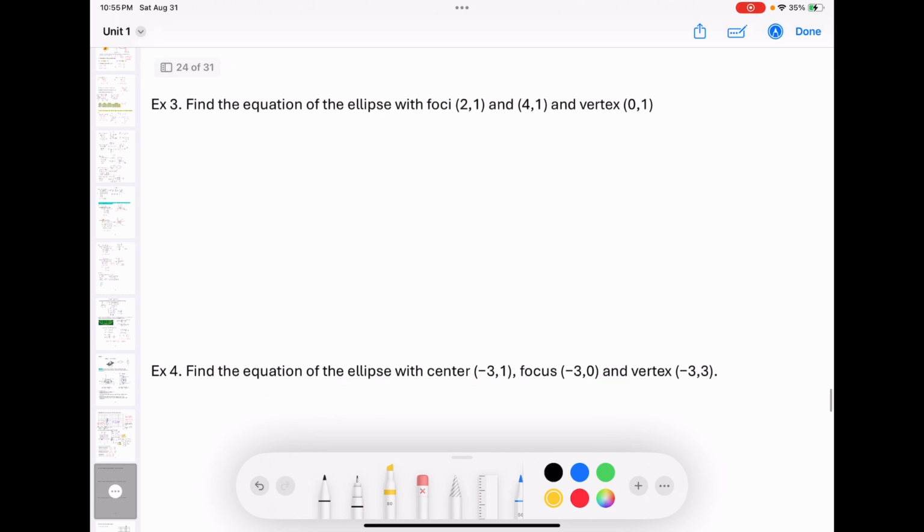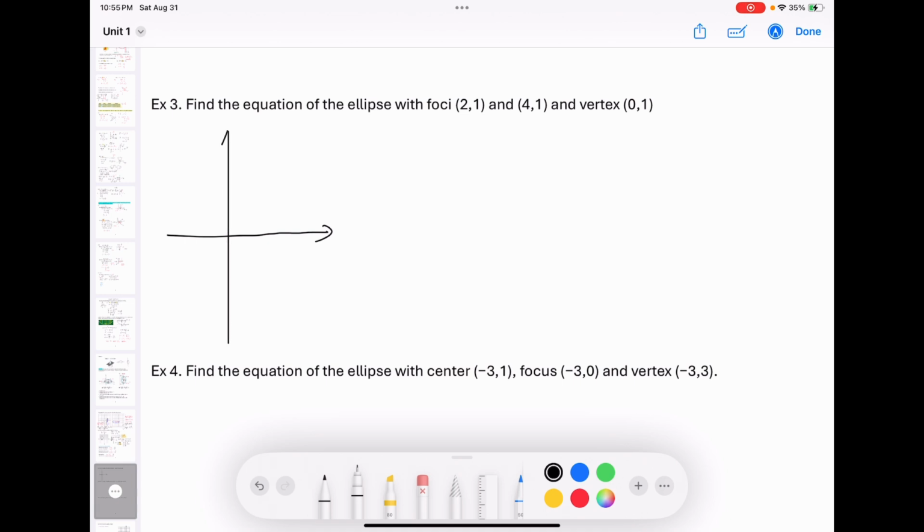Number 3, find the equation of the ellipse with foci (2, 1) and (4, 1) and the vertex (0, 1). It doesn't ask us to graph the equation, but we can make a sketch. For example, we can make an xy plane.